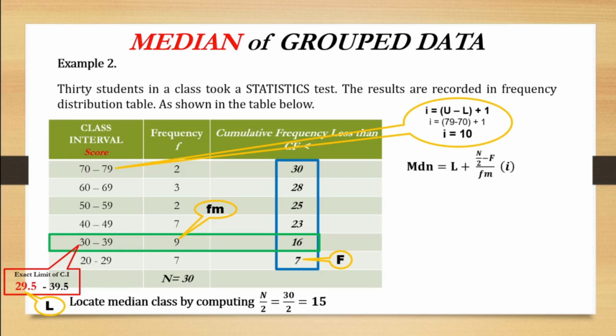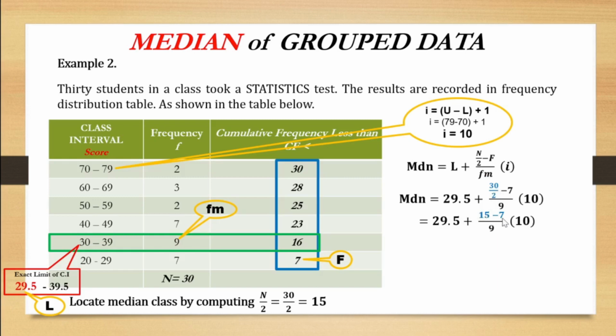So median is equal to L, which is 29.5, plus N, which is 30, over 2 minus 7 over Fm, which is equal to 9, times the class size interval, which is 10. As we simplify further, we have 29.5 plus, 30 divided by 2 is 15.